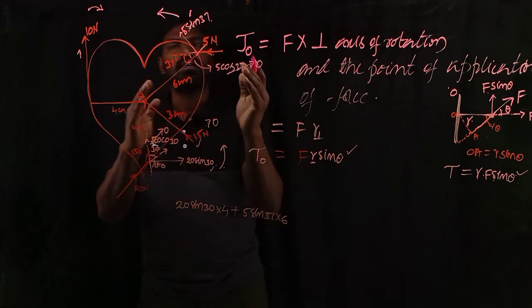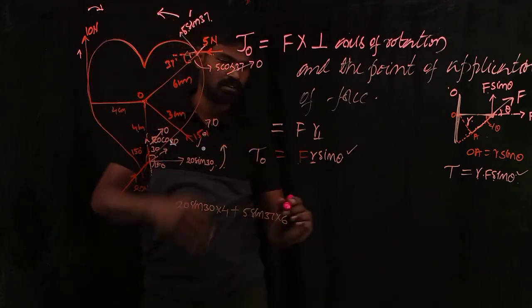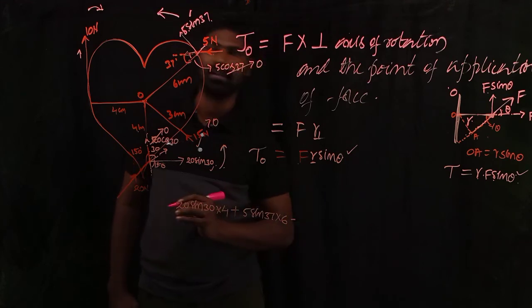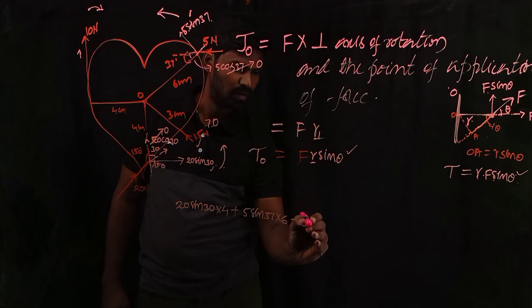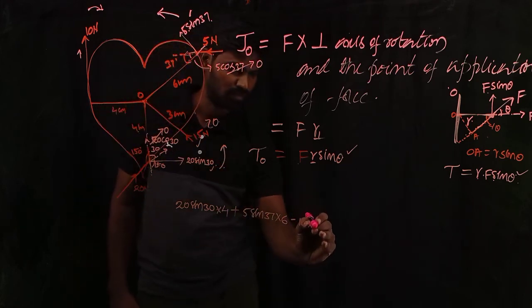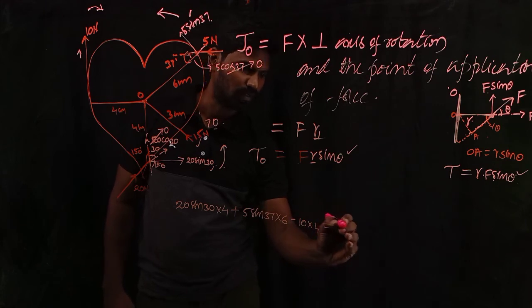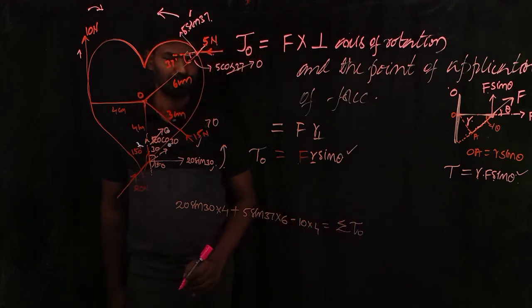These two are in counterclockwise sense, because of which I am taking them as positive. This is in clockwise sense, because of which I am taking it as negative. Minus 10 into the distance between this force and the axis of rotation, which is 4. This is the expression for the net torque acting on the body about O.